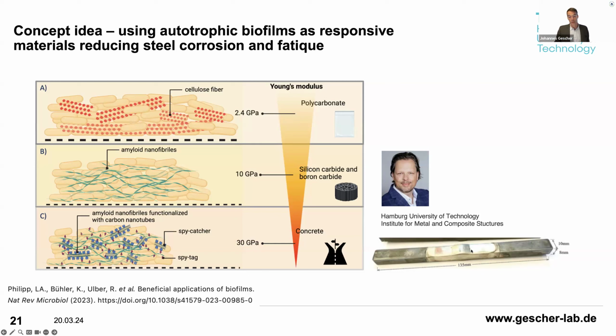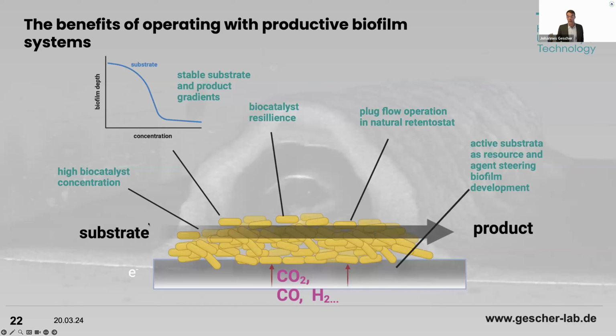And these biofilms that grow on, for instance, steel surfaces can be very hard. They can reach Young's moduli up to concrete. So our aim is to build three-dimensional biofilms on steel surfaces and to make them so hard that we have a very sustainable anti-corrosion agent in place. And with this, I would only like to remind you of the benefits of operating with biofilms.